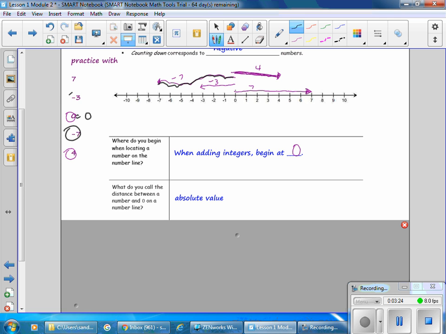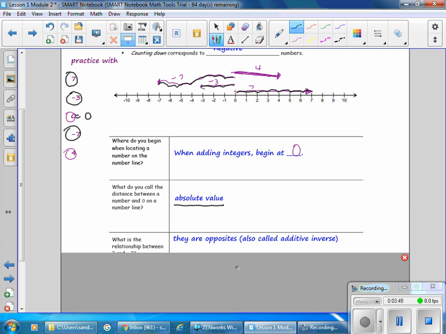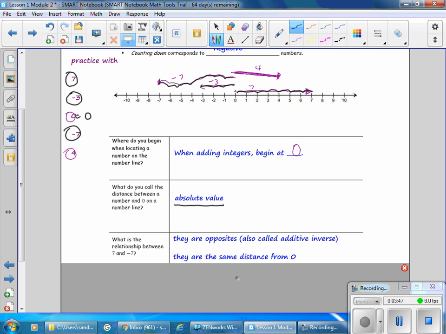The absolute value of negative 3 is 1, 2, 3. And the absolute value of positive 7 is 7 because it is 7 spaces from 0. So the distance between a number and 0 is called absolute value. What is the relationship between 7 and negative 7?